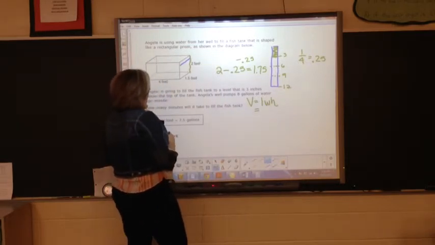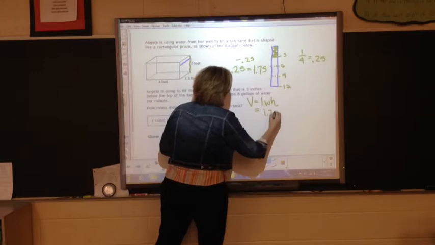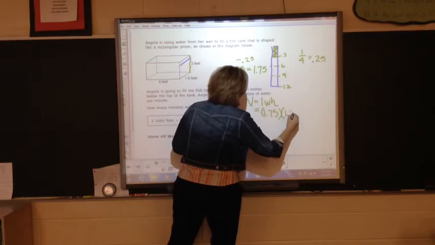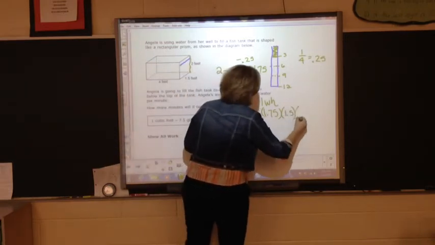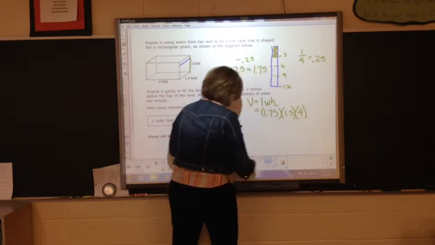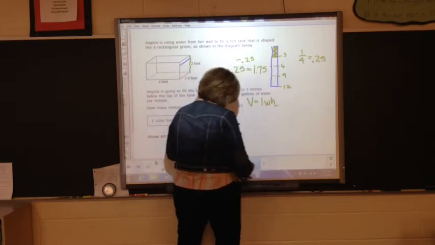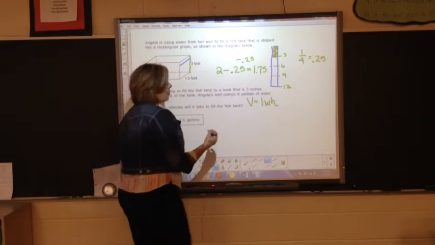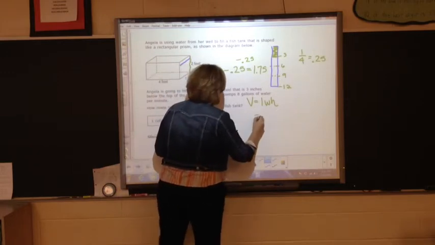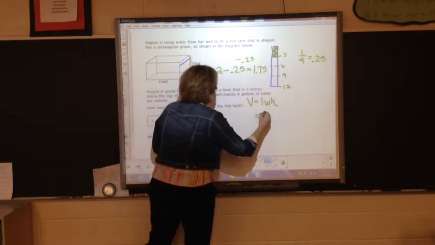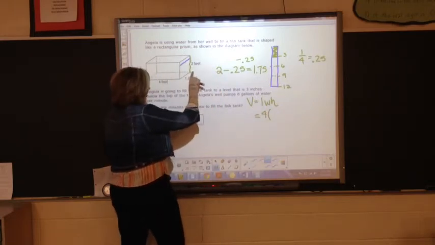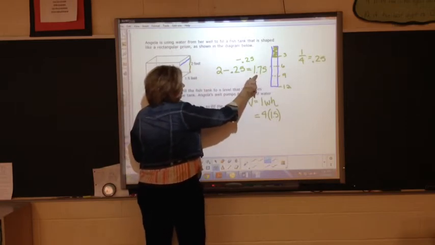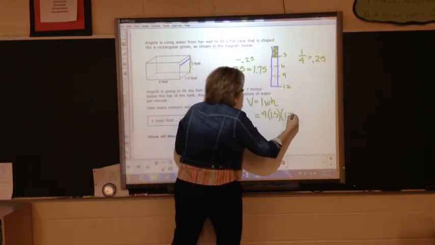Okay, so volume equals length times width times height. I'm going to put them in order of length, width, height. So the volume is the length, 4 feet, times the width, 1.5, times my new height, which is 1.75.